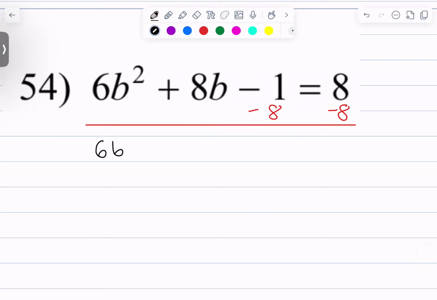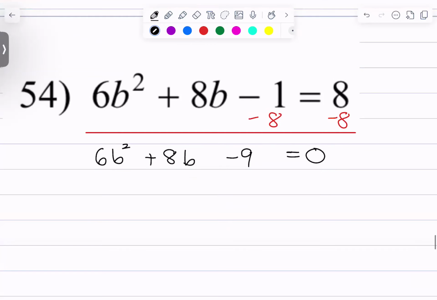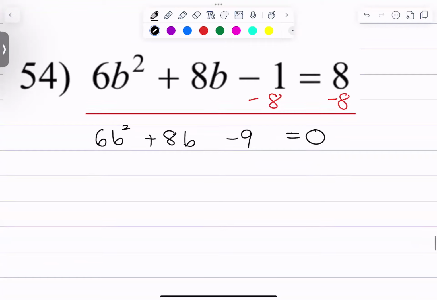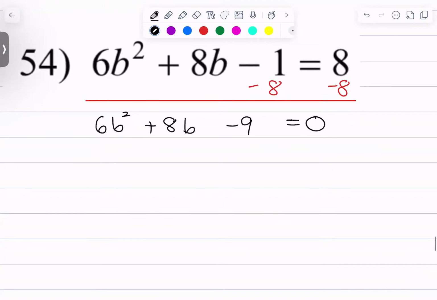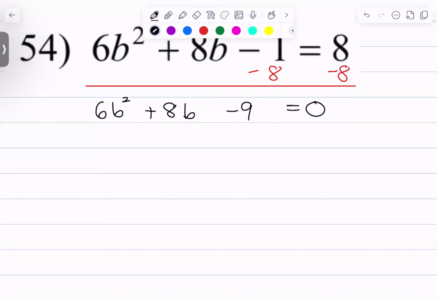So 6b squared plus 8b minus 9 equals 0. Do you guys remember how to factor with the coefficient here? So remember, we're going to be playing around with these numbers. It's going to be 6 and 1, the product of 6, or 2 and 3.